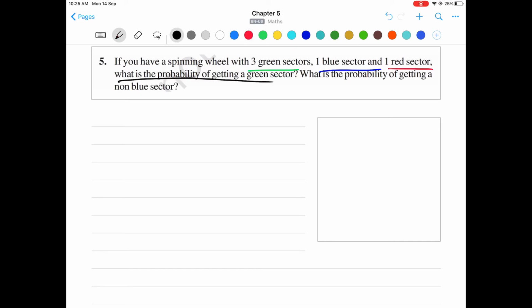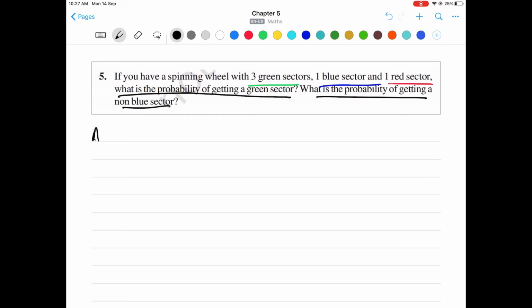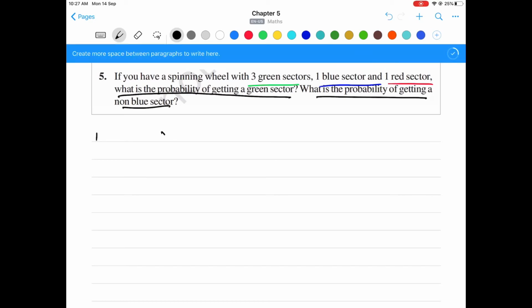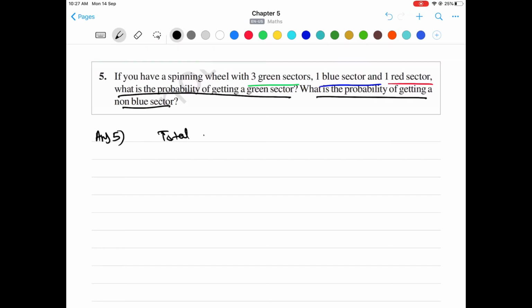You're asked what is the probability of getting a green sector, and then what is the probability of getting a non-blue sector. Okay, so let's write its answer. Number 5, total number of green sectors is equal to 3.